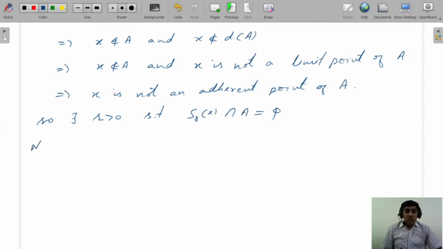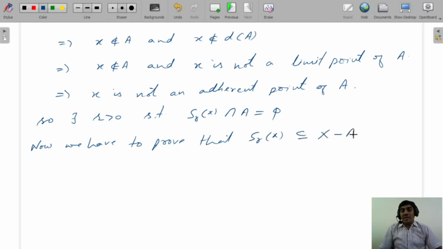Now we have to prove that S_r(x) is contained in X minus A closure.